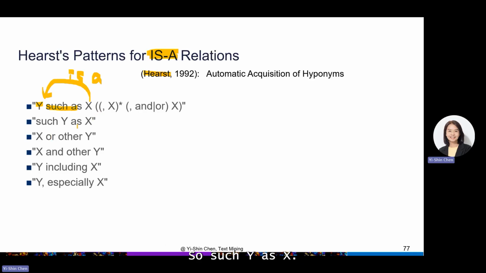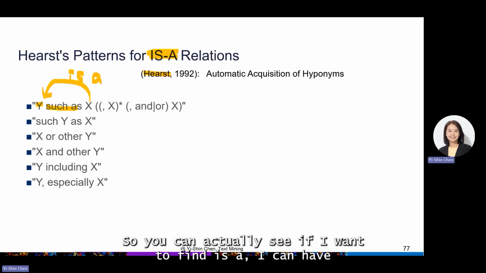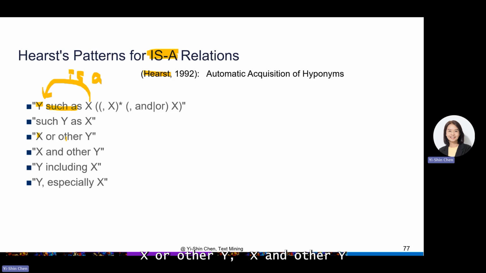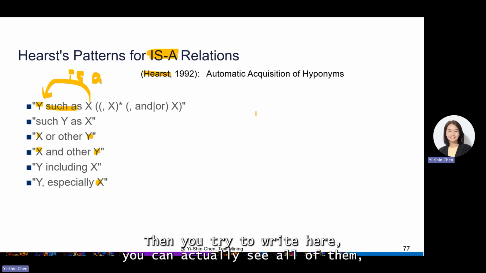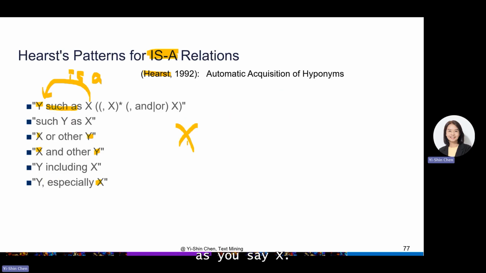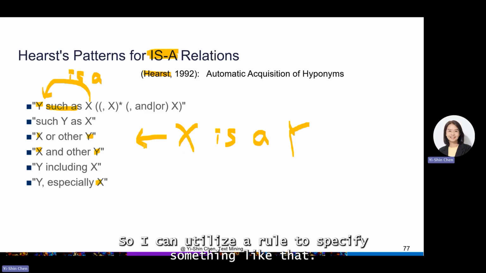So you can see that if I want to find ISA, I can have "X or other Y", "X and other Y", "Y including X", "Y especially X". All of them refer to X is a Y. So I can utilize a rule to specify something like that.